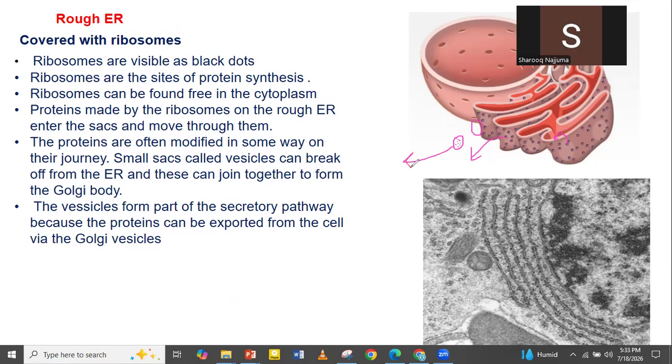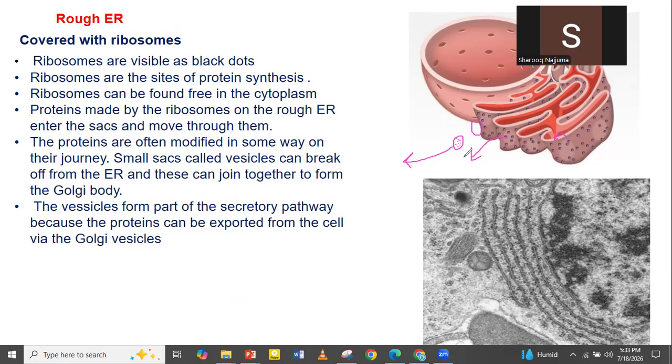So that is why if you are asked for the uses of the rough endoplasmic reticulum, number one, mention that it carries out protein synthesis simply because of the ribosomes it has. Secondly, it modifies proteins, it processes proteins, it packages proteins.